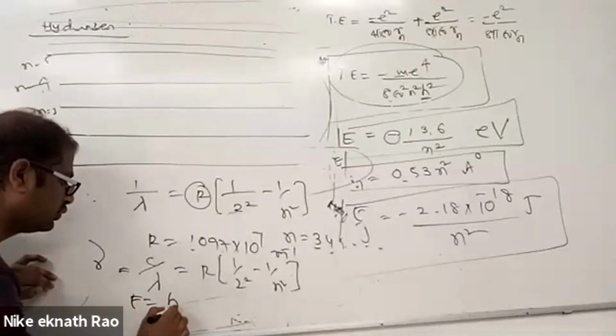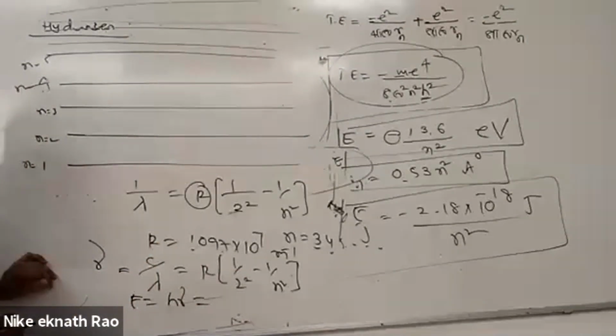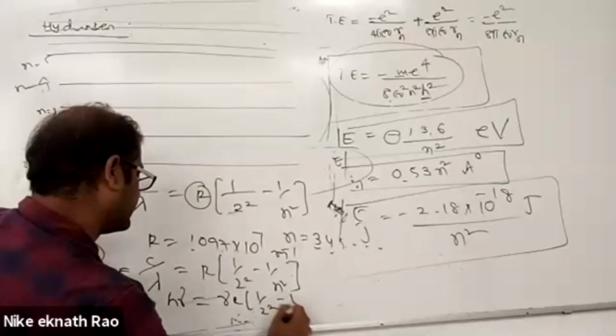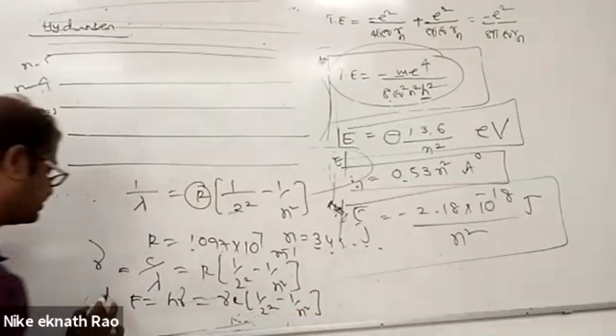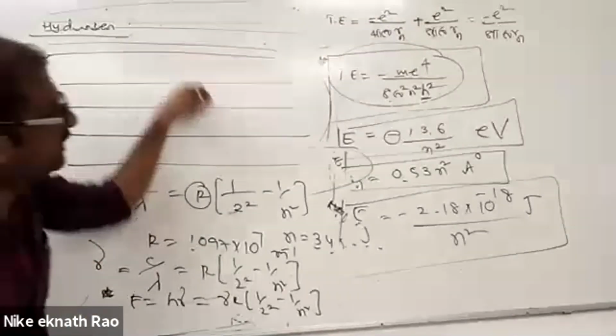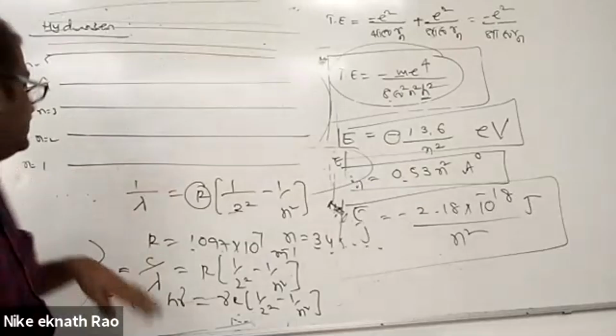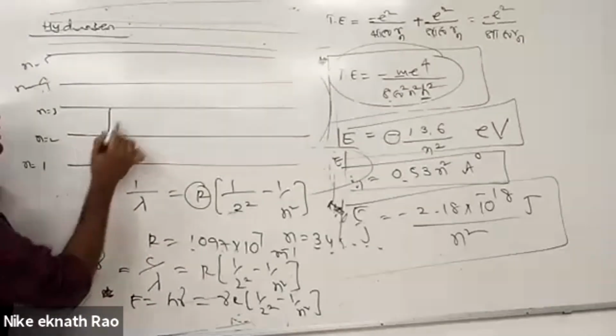Energy is equal to h into mu, that is h times R into 1 by 2 square minus 1 by n square. This is the energy of the photon emitted when the emission happens from any higher level to n is equal to 2 level. So it may be n is equal to 3 to 2, 4 to 2, 5 to 2.